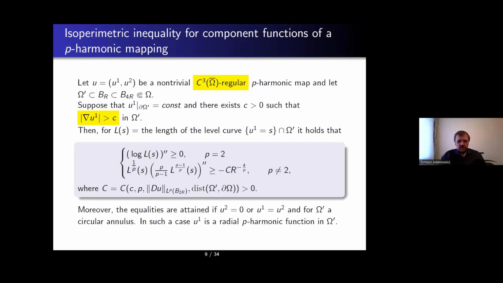Moreover, the equalities are attained if the second component function is identically 0 or they are equal to each other, and for a circular annulus. If this happens, then U1 turns out to be a radial p-harmonic function. Of course, whatever is stated here for U1 could as well be formulated for the second component function.